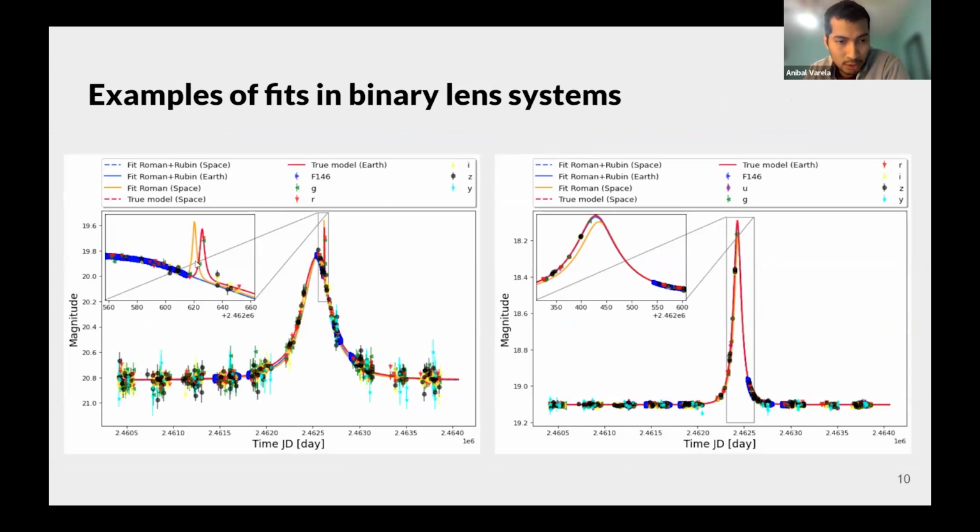Then, in these light curves you can observe the model fitted using the data of Roman and Rubin in blue, the model using only the Roman data, and the true model, and all the points are the fake data.